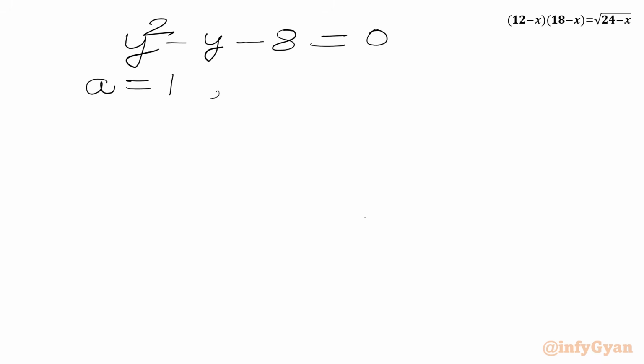Let's write y square minus y minus 8 equal to 0. As per our equation, a is 1, b is minus 1, c is negative 8.